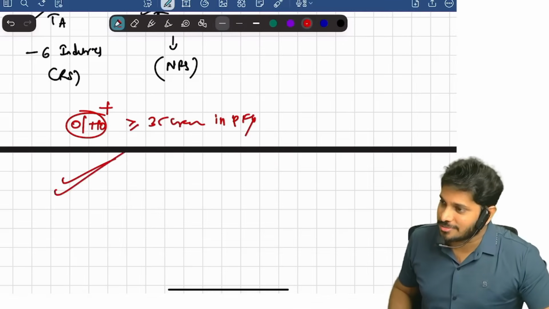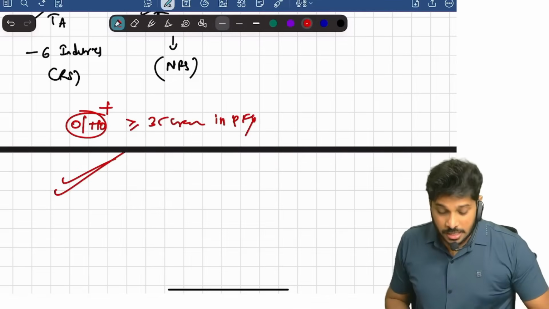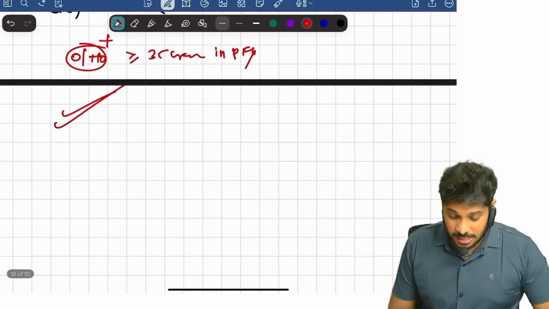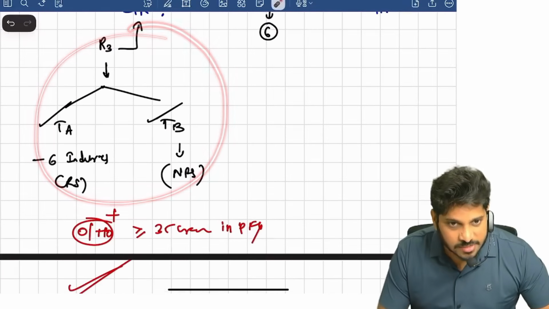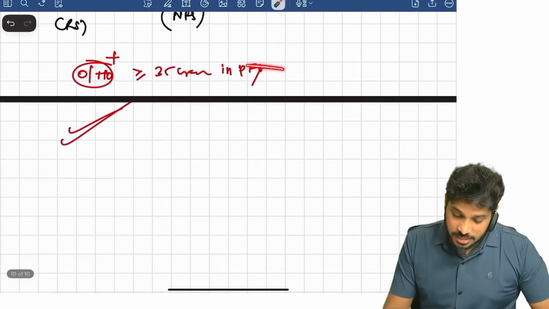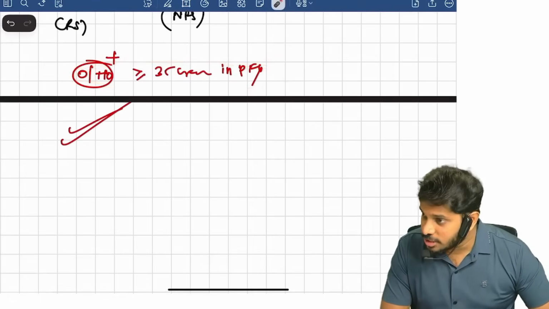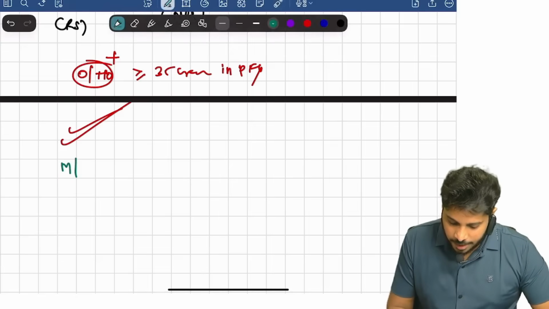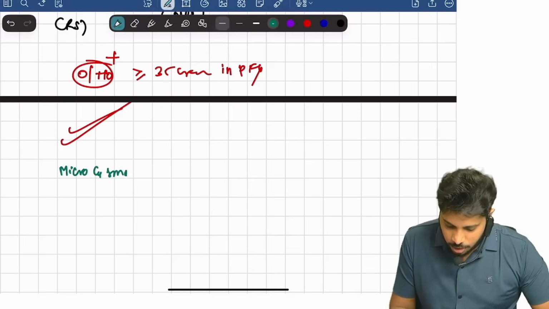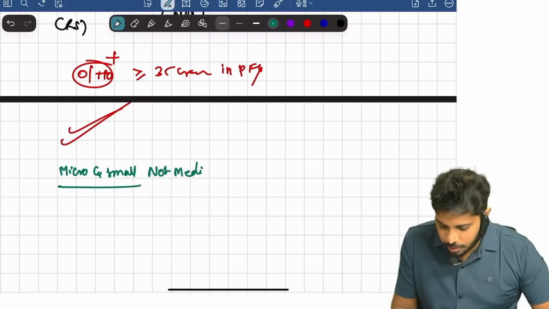Are you clear? Now there are some companies which, even though they are manufacturing rule number 3 products and services, and even though their turnover is more than 35 crore, are still exempted. Micro and small. Only these two. Not medium. Remember, not medium.